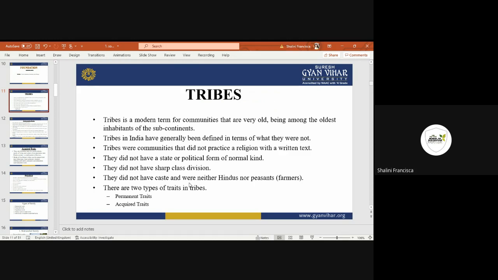Then the second one is, tribes in India have generally been defined in terms of what they were not. There are many mishappenings, in that they have not been given a good definition.